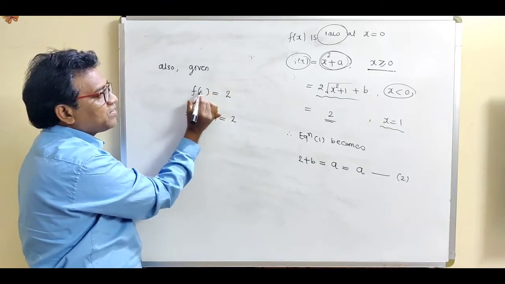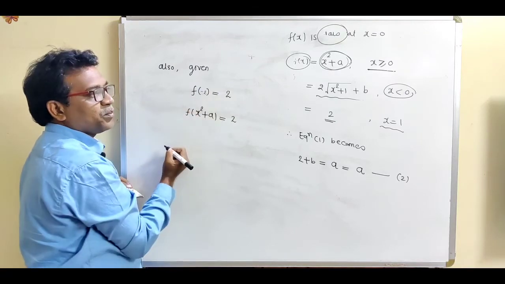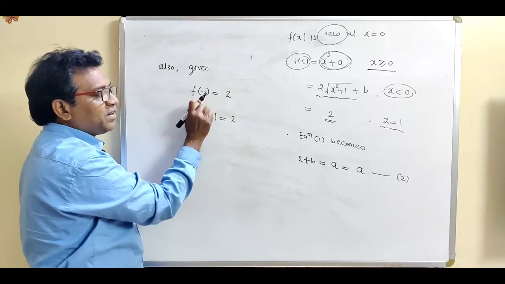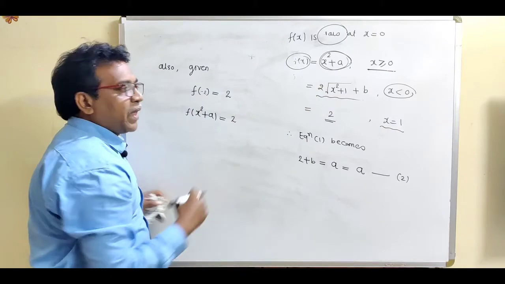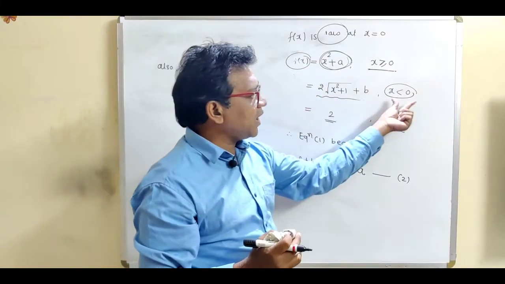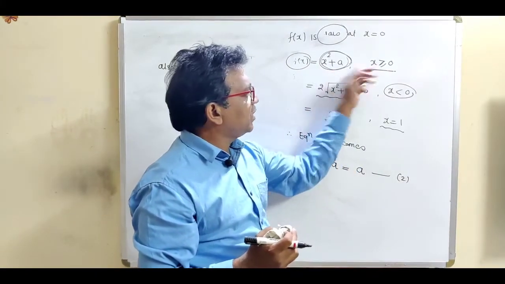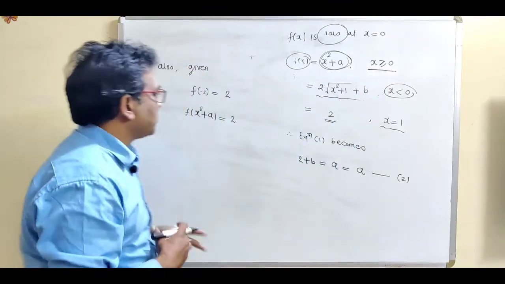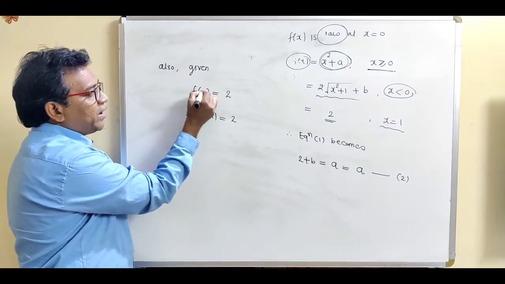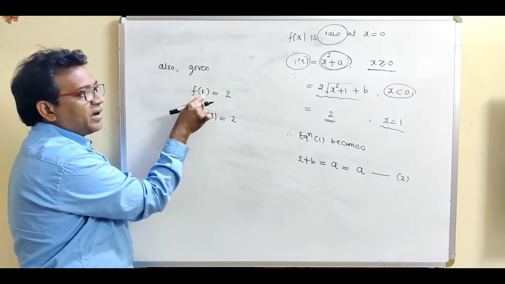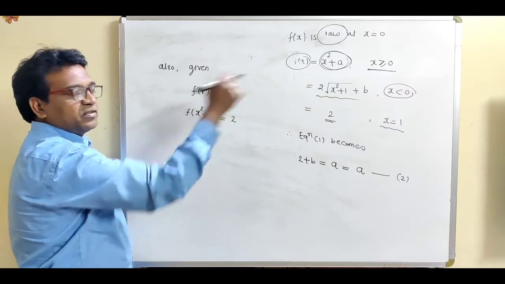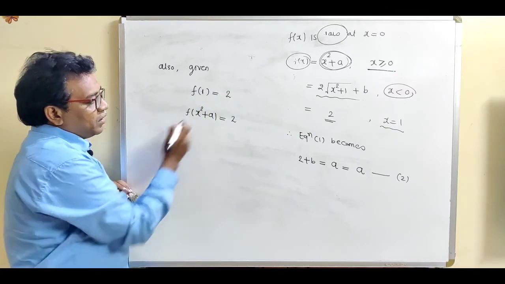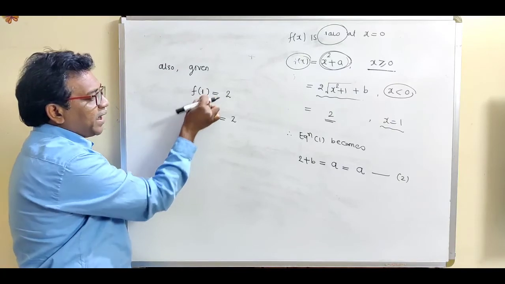If we were given some negative term, suppose minus 2, then we would use the second function, because the second function is valid for the negative term and the first function is valid for the non-negative term. So for a non-negative term, we use the first function x square plus a. So find this functional value by putting x equal to 1.